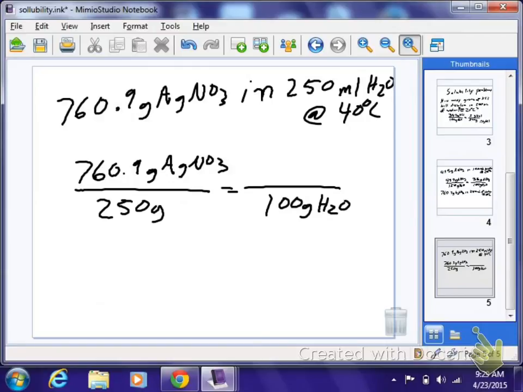So what we're doing is we're saying, okay, we don't know if it's saturated or supersaturated, but what we're going to do is we're going to put it as if it was in 100 grams of water to see how much is actually dissolved per 100 grams so we can compare it to the numbers in the book. So somebody go ahead and figure that one out, if you would.